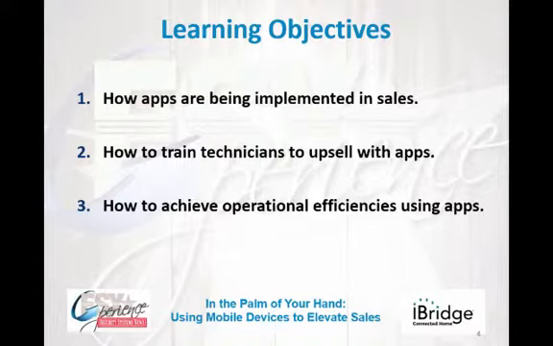This is more of a marketing side and how to prep technicians from the home office, both for new customers and existing customers. And then third, we're going to talk about operational efficiencies. As you're using these apps, and there are many apps that go with the sales process, you'll get sort of an executive view about how to combine them to use different apps for different applications.